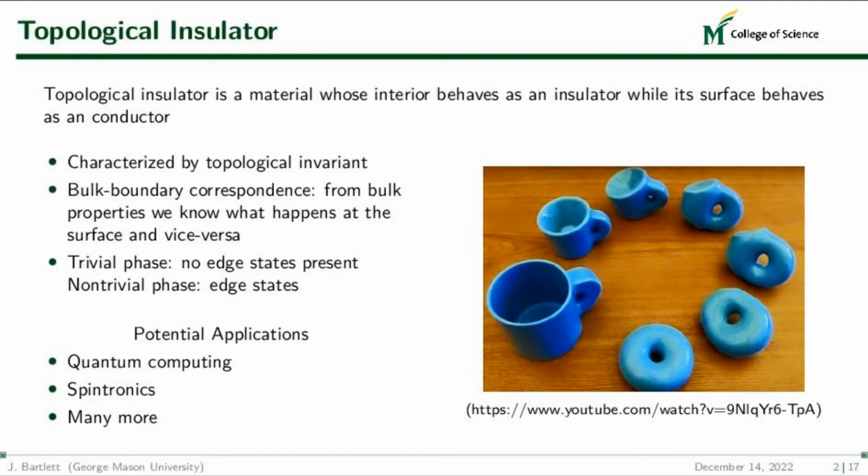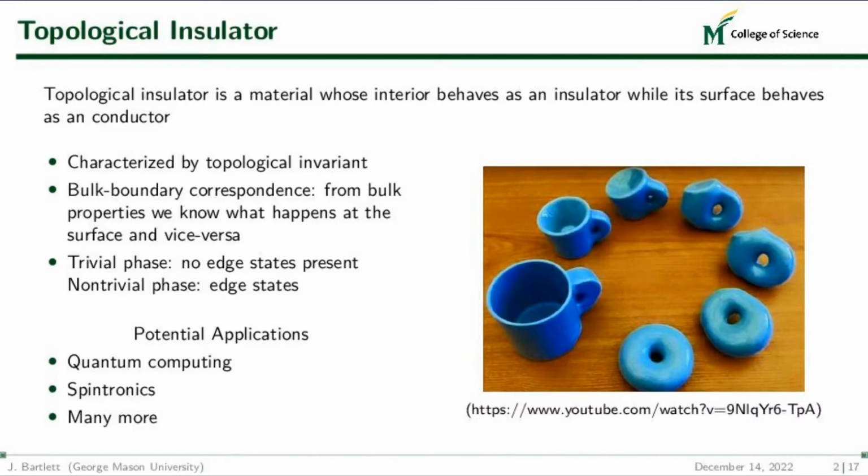So the reason these materials are called topological insulators is that they can be characterized by what's called a topological invariant. A topological invariant is a quantized value of an object that remains unchanged, or remains constant, under continuous deformations to the space.